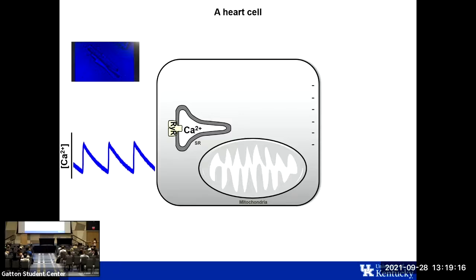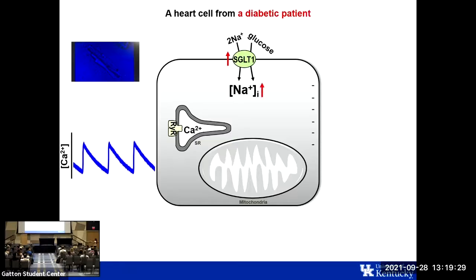When calcium is released by these calcium releasing channels called ryanodine receptors, excitation and contraction occurs. Here, this cardiomyocyte contracts and relaxes, and when you measure the calcium, you can see that it goes up and down. So it's the contraction and relaxation phase, or systole and diastole phase.